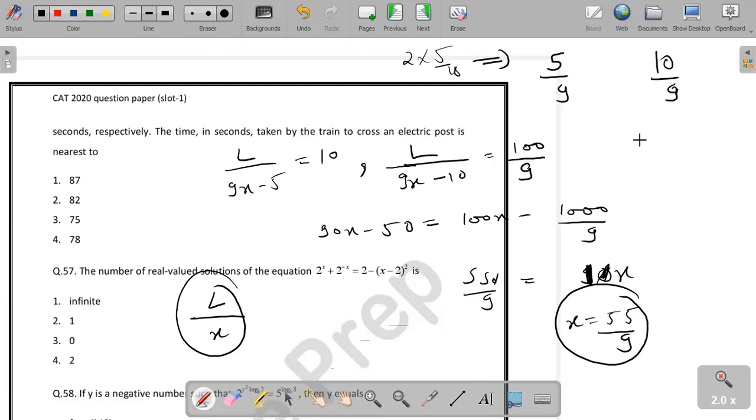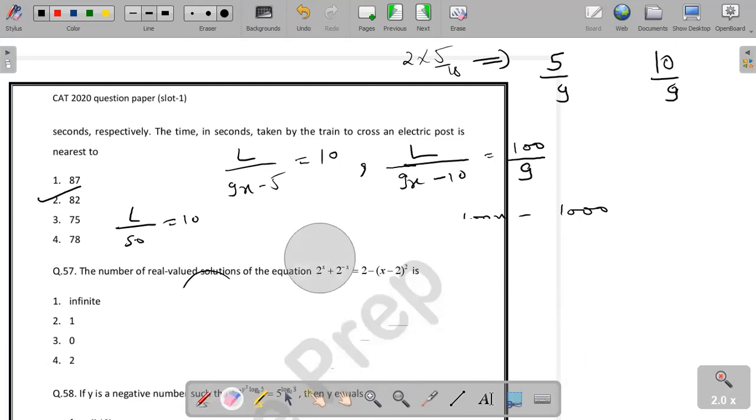So if I substitute it in the first equation, I would get L by 50 is equal to 10. So L comes 500, and then 55 into 9, so that is 500 and 511. So 900 by 11, that is around 81. So 82 should be the answer.